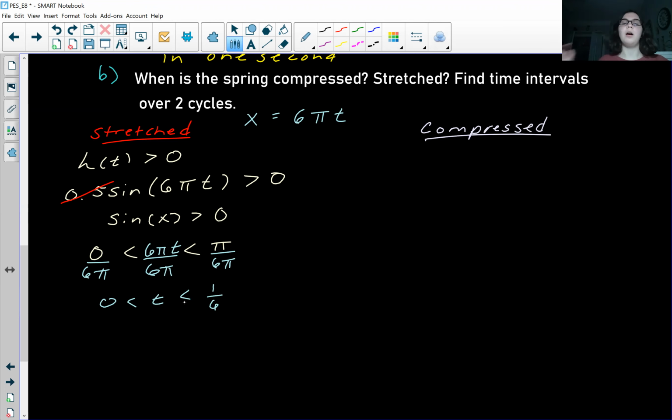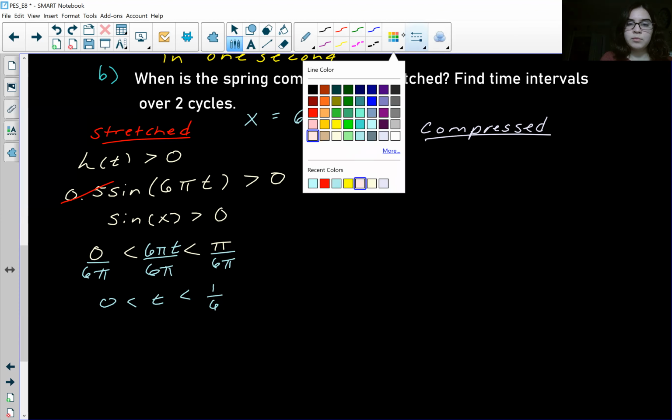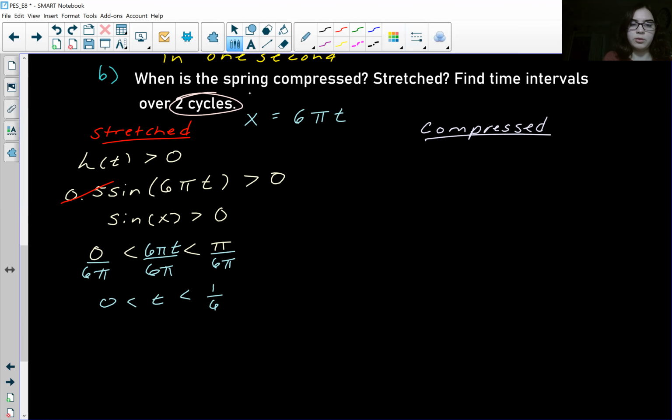Okay. And we're finding the time interval over 2 cycles. So let's think about that for a minute. We know that 1 cycle is 1/3 of a second, which means that 2 cycles is going to be equal to 2/3 seconds.